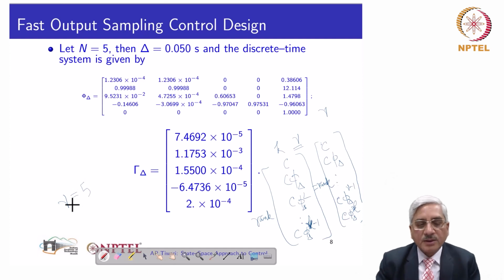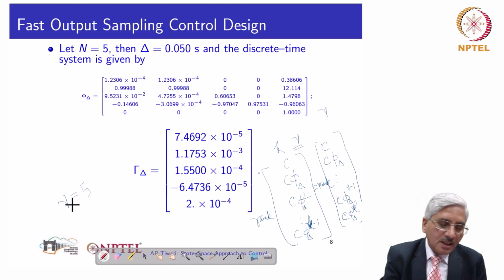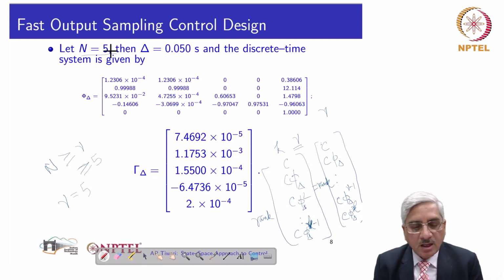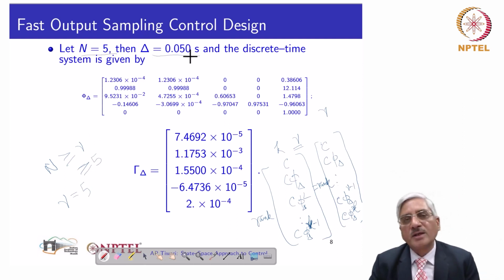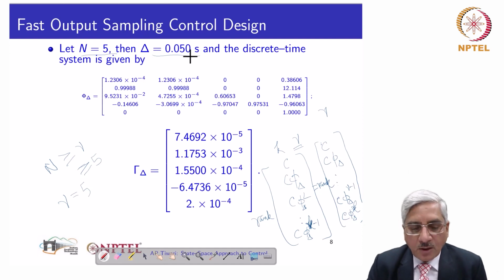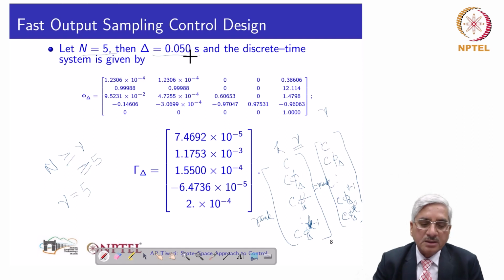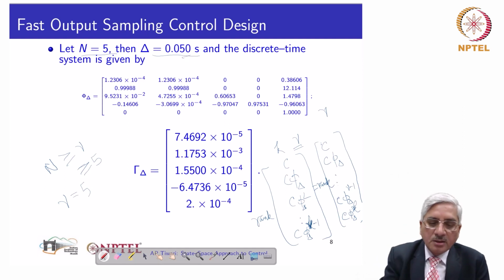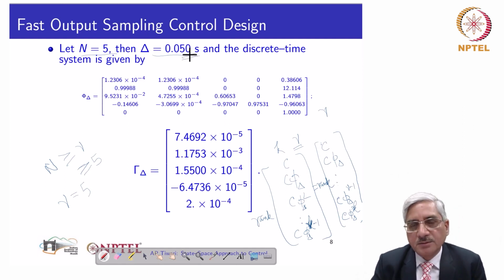Now for the design of the fast output sampling controller, the consideration is that n should be greater than or equal to nu, and in this case it should be greater than or equal to 5, and we select 5. And correspondingly delta is 0.05. Now we will be required to do the sampling of the output every 50 milliseconds. So that represents a burden. We require a relatively fast data acquisition system.